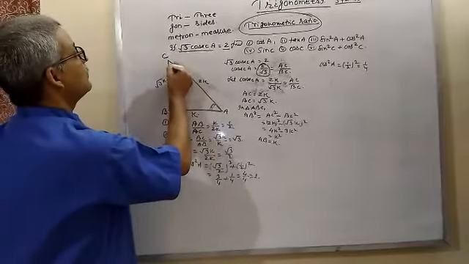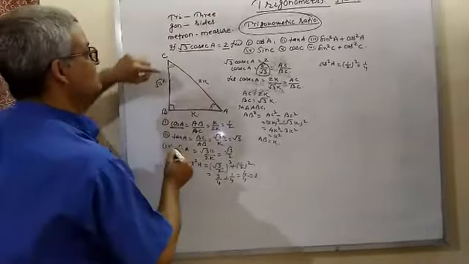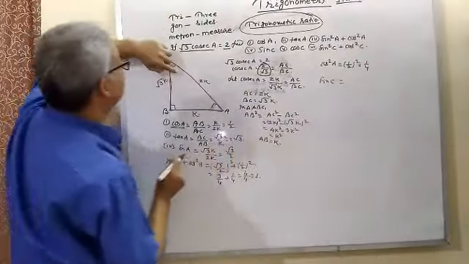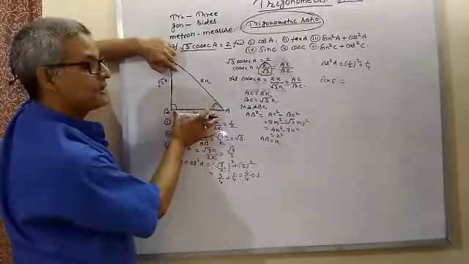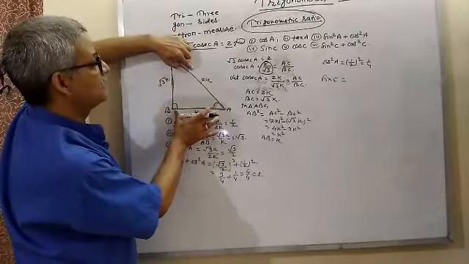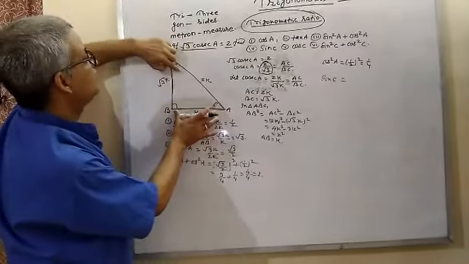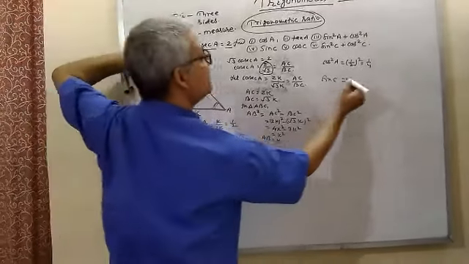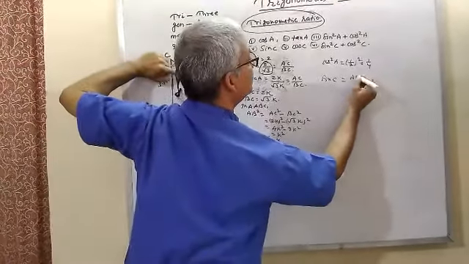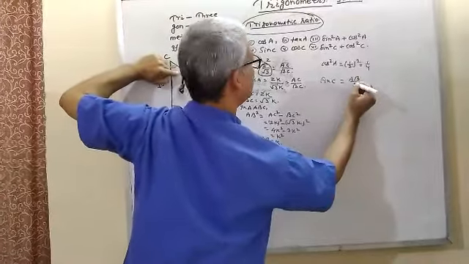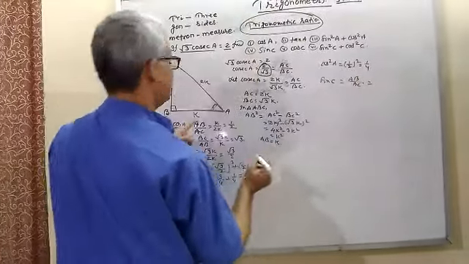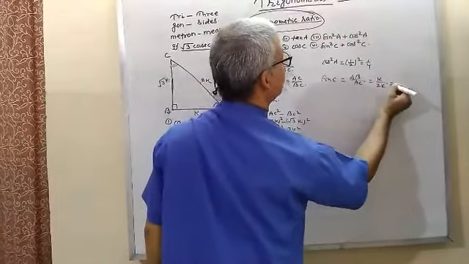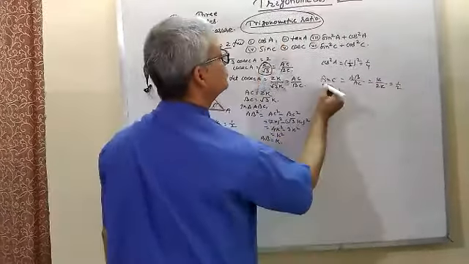So when we find sin C, for this angle, this side is perpendicular, this side is hypotenuse, and we already know sin theta is equal to perpendicular by hypotenuse. So here sin C is equal to AB by AC. AB is how much? k by 2k, that is 1 by 2.